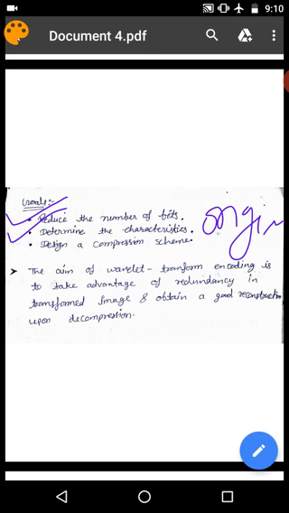Third goal is to design a compression scheme which preserves the essential information with maximum compression ratio. The aim of wavelet transform encoding is to take advantage of redundancy in the transformed image and obtain a good reconstruction upon decompression.